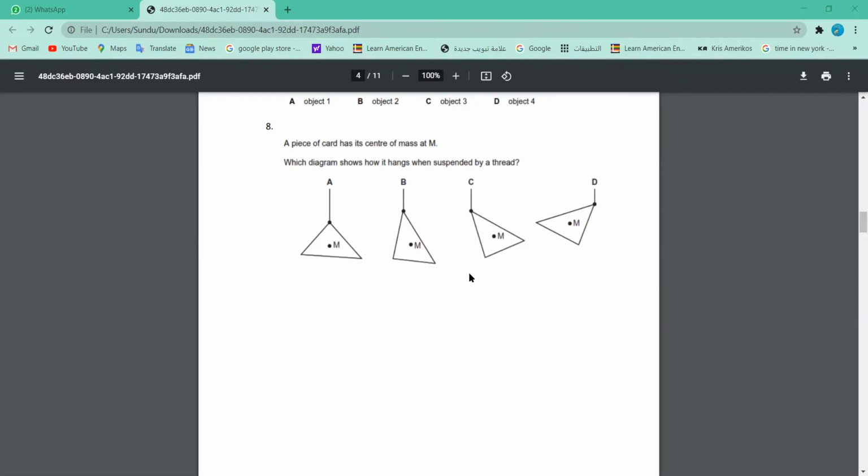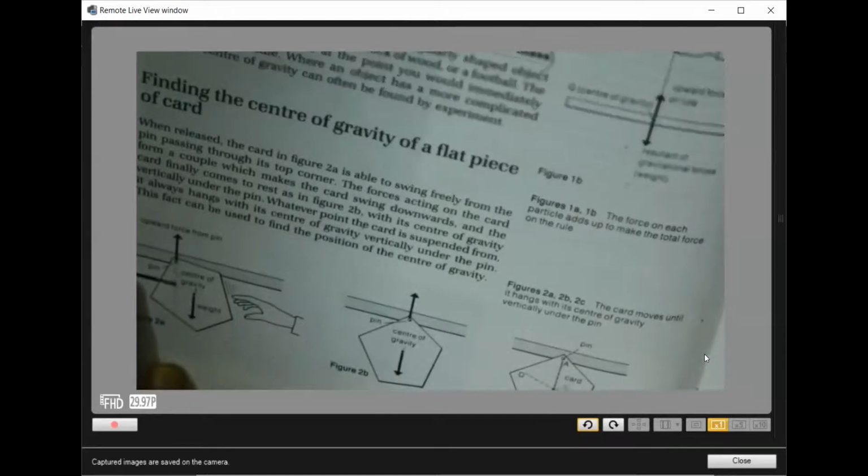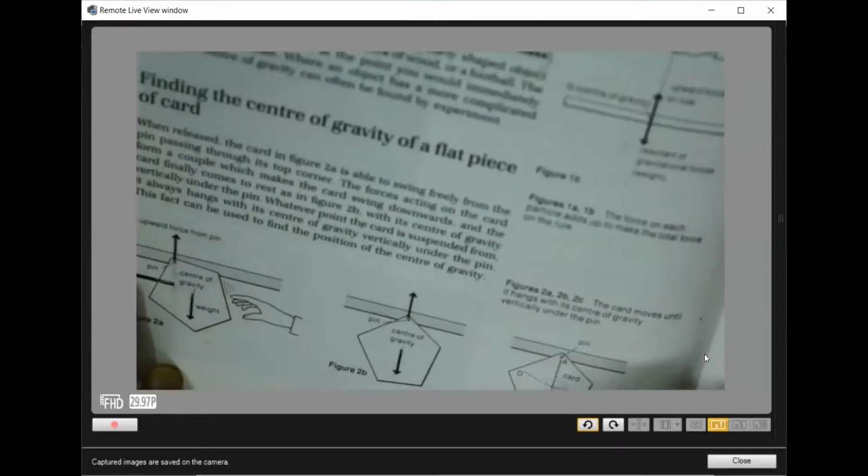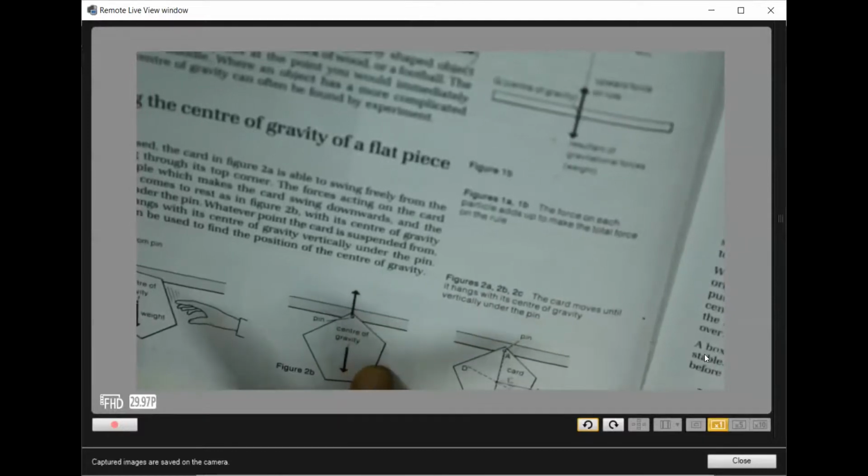Right. Now I am again sharing my camera here. Okay. See, when you have anything hanging, there are two forces acting on it.